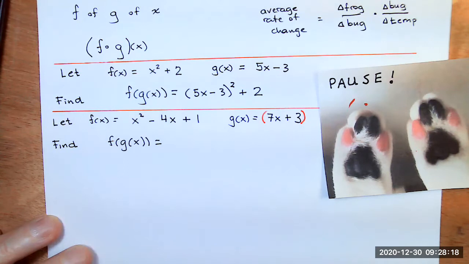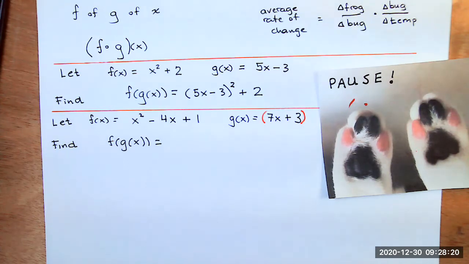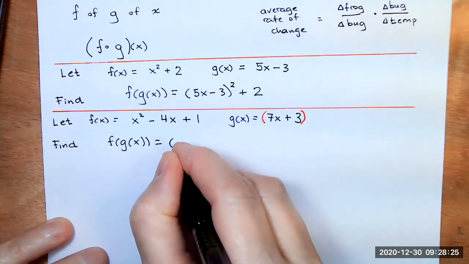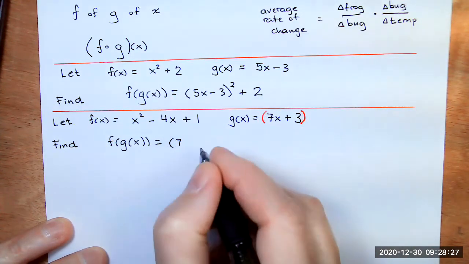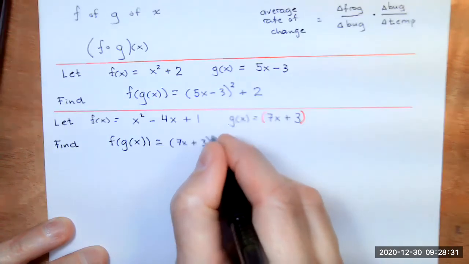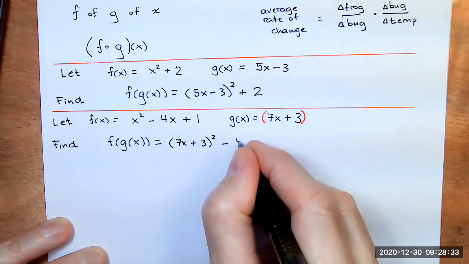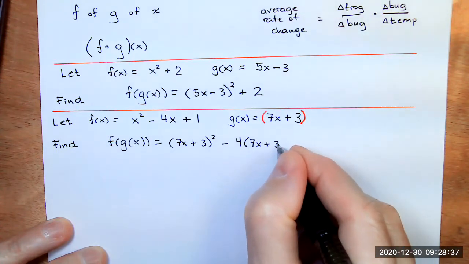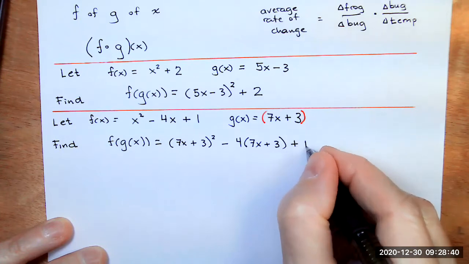You want to hit pause and try that one on your own. We're going to get 7x plus 3 squared minus 4 times 7x plus 3 plus 1.